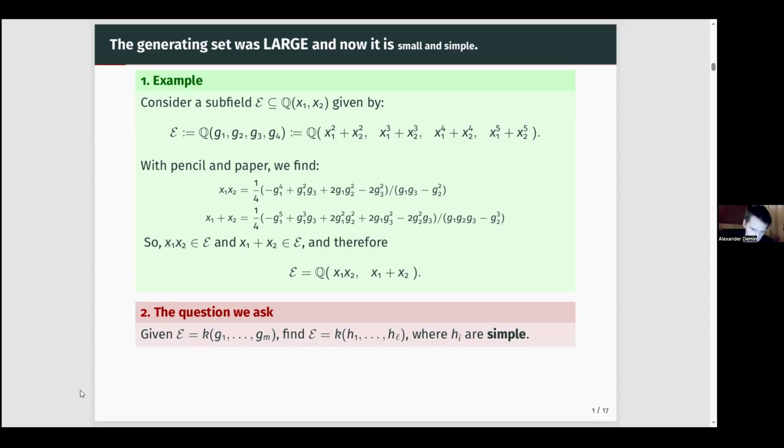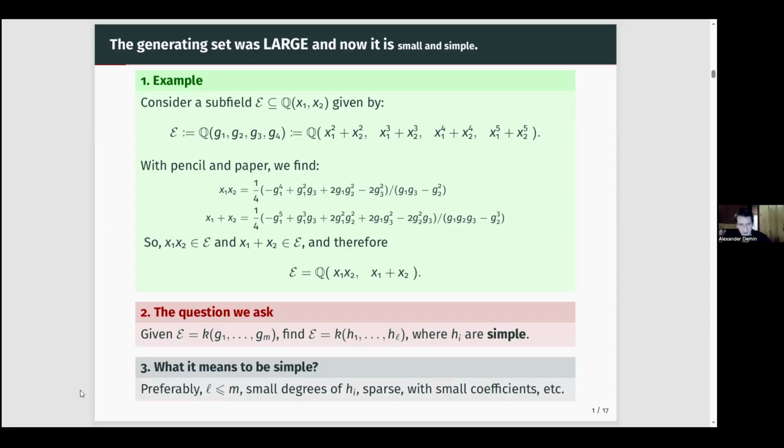Now, let me make a small remark. We will not define simple formally. We will consider some perhaps common sense general notion. We would prefer to have few generators, each of them small, sparse, and with small coefficients. Perhaps we'll also ask to avoid redundancy.